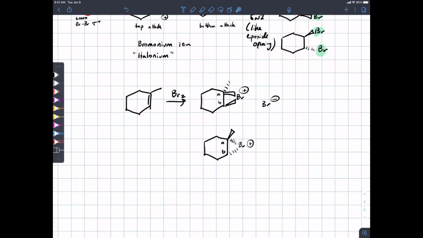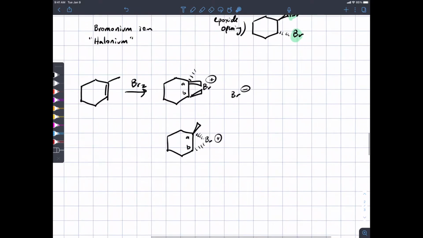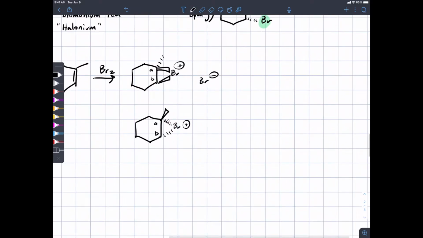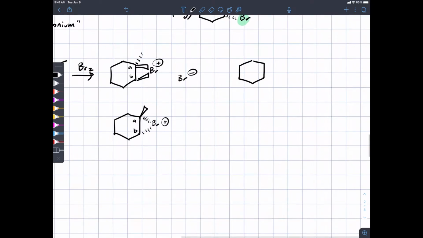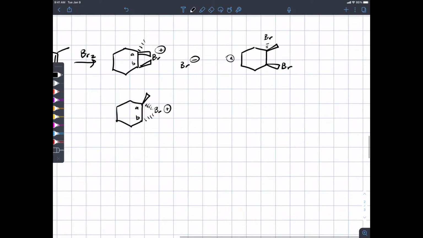The problem is you can't tell, because both carbons get bromine. So if I attacked at A, I would get this product, but I could also get that product if I attack down here from B.